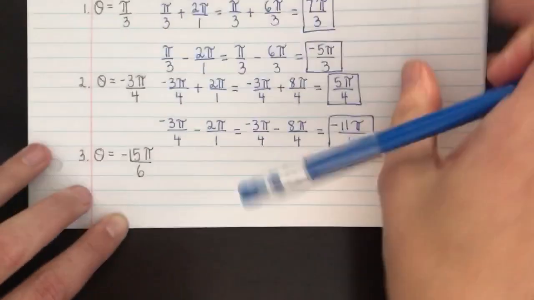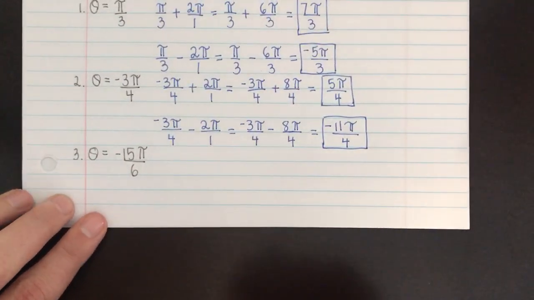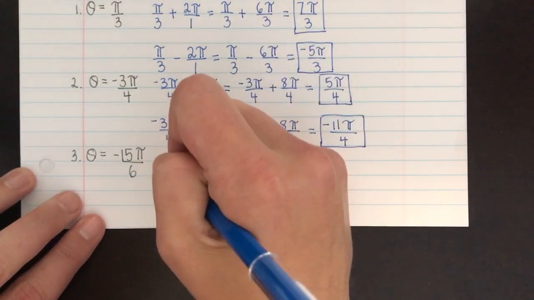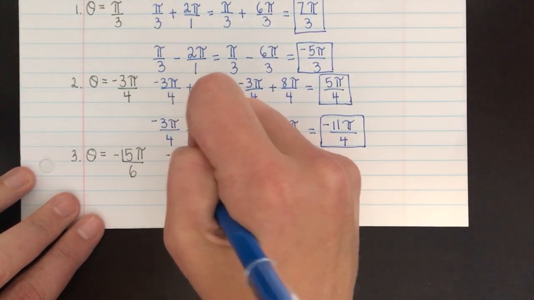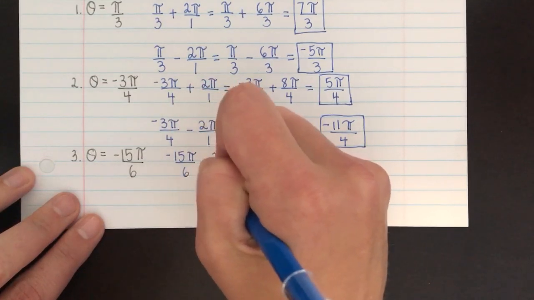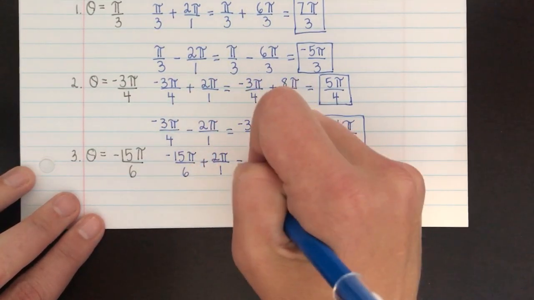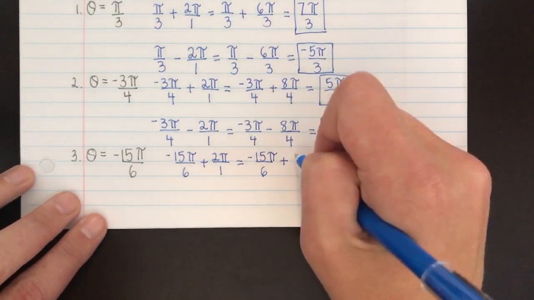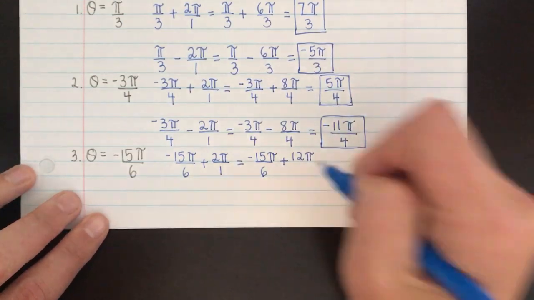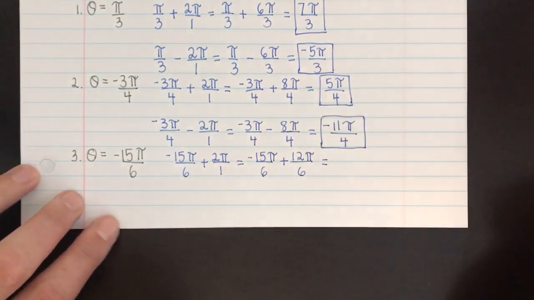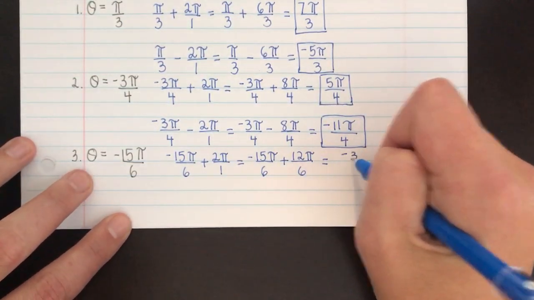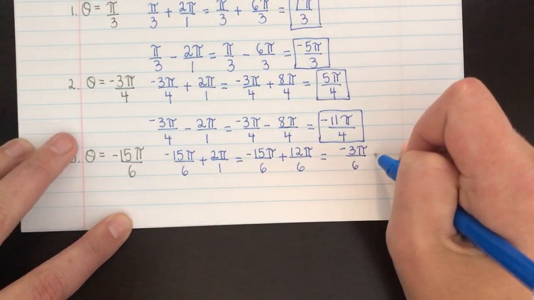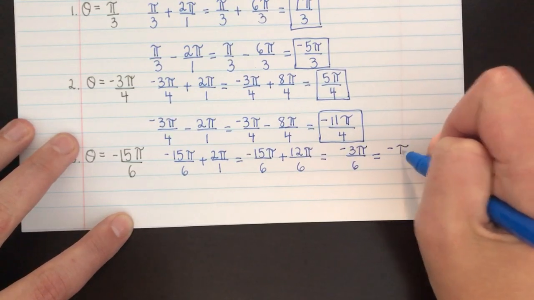Last but not least, given theta of negative 15 pi over 6, we will add our full revolution, so negative 15 pi over 6 plus 2 pi, which is really like negative 15 pi over 6 plus 12 pi over 6, which would be negative 3 pi over 6, which would end up being negative pi over 2.